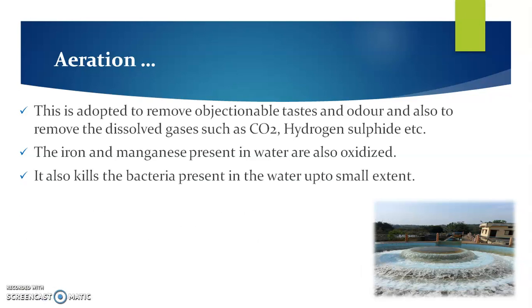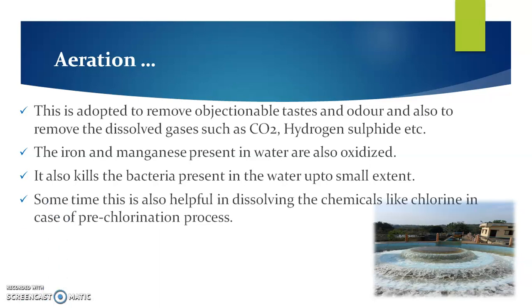It also kills the bacteria present in the water to a small extent. Sometimes it is also helpful in dissolving chemicals like chlorine, particularly in liquid or powdery form in case of pre-chlorination process. Still, the major purpose is to add the oxygen.